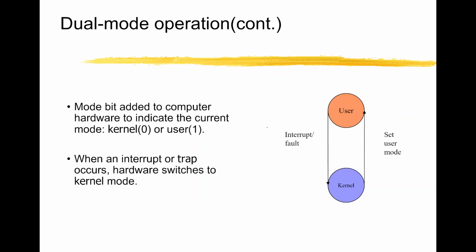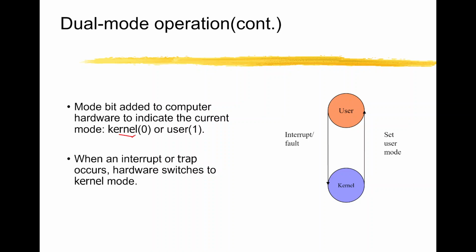Now let's look at how dual mode works. You have the mode bit added to the computer hardware to indicate the current mode. When you launch your system, first and foremost, your ROM loads its files and boots your system and then hands over to the operating system to handle other things.